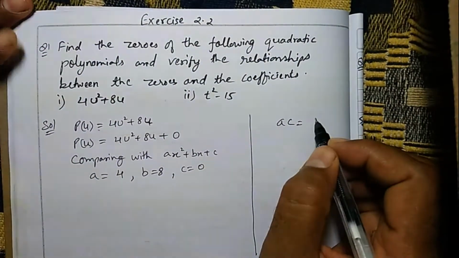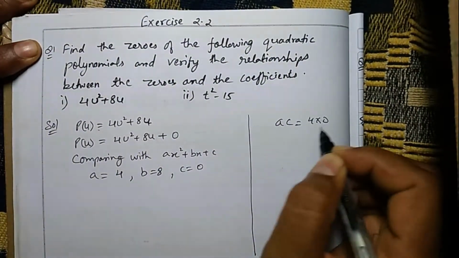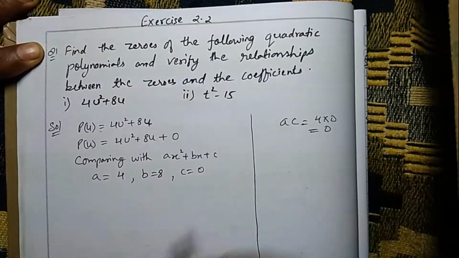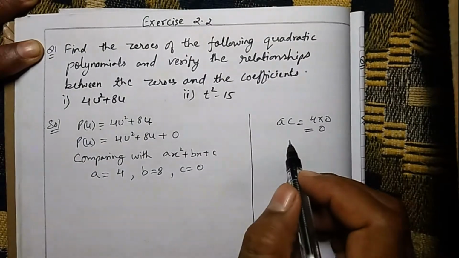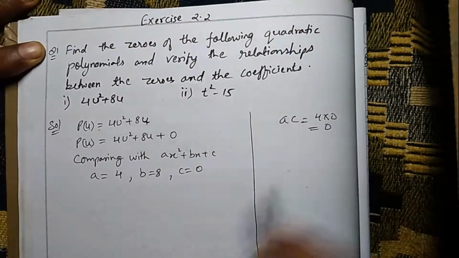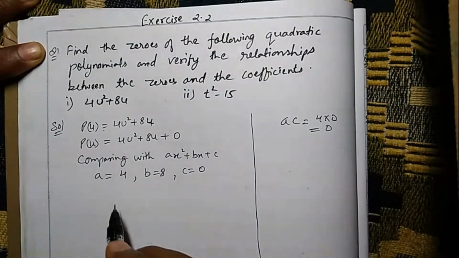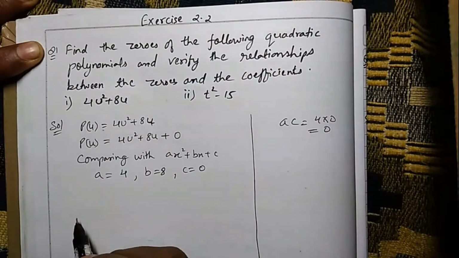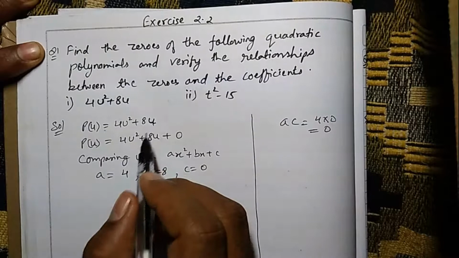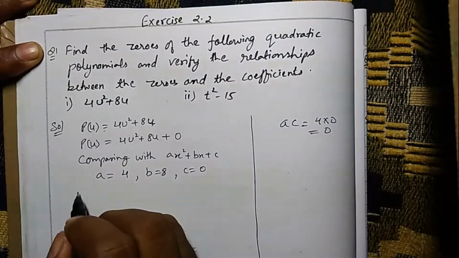AC here is 4 into 0, that is equal to 0. So AC is coming as 0, so you will not need to find any factor, because 0 will not have any factors. So in such a case there are only two terms, so the terms are even, you can directly take common.